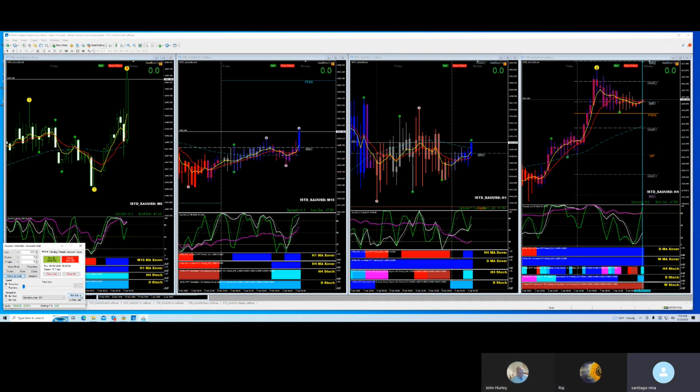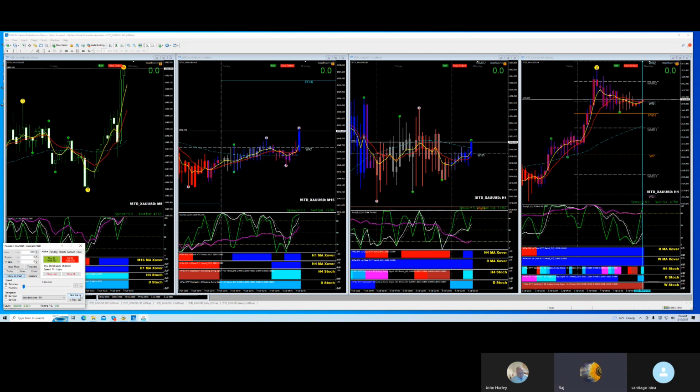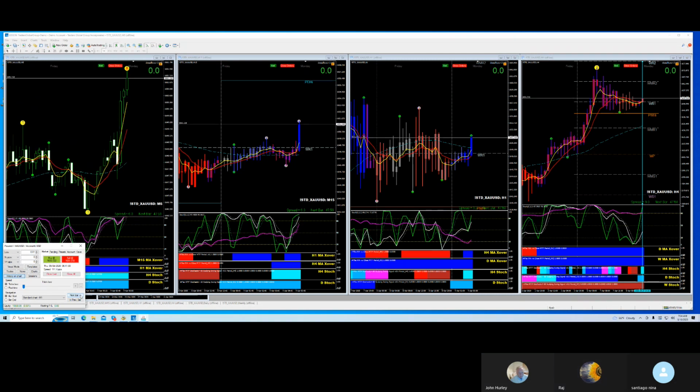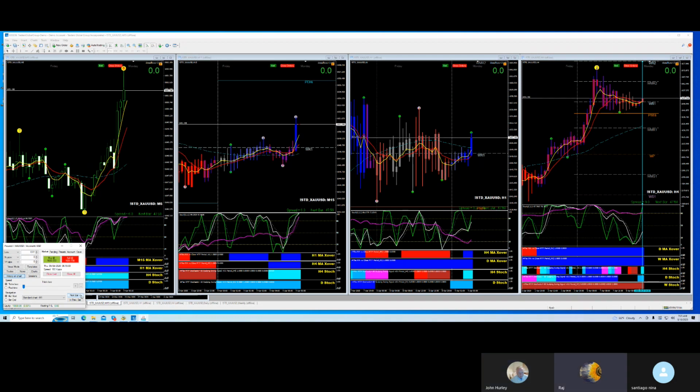So it's pushing. And we got a big candle. That's a 39 pip candle. And then it did a doji.